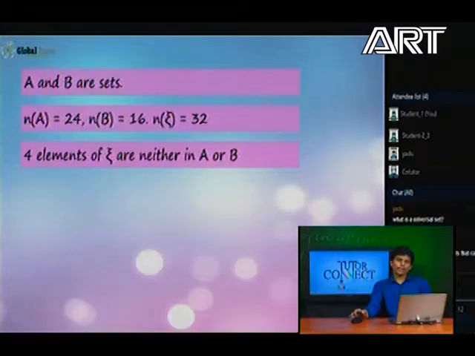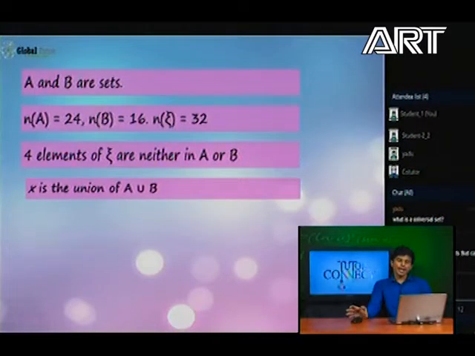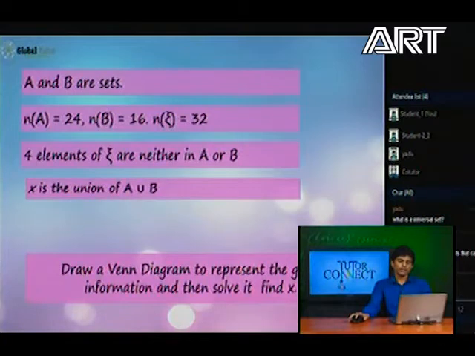Four elements are neither in A nor B. X is the union of A and B. Given this information, we have to draw a Venn diagram to represent it, then solve it, and find x.